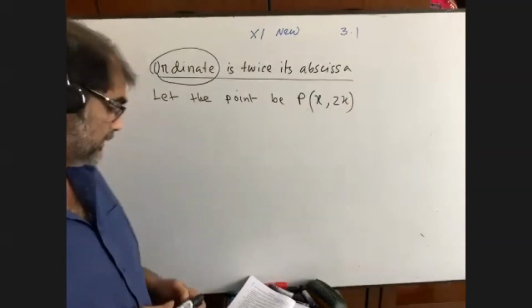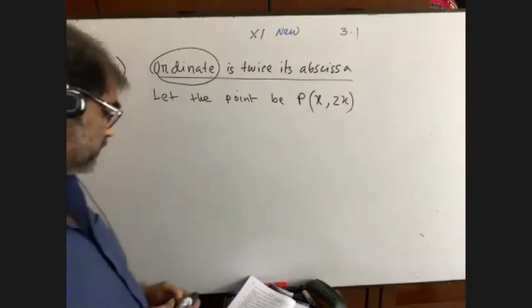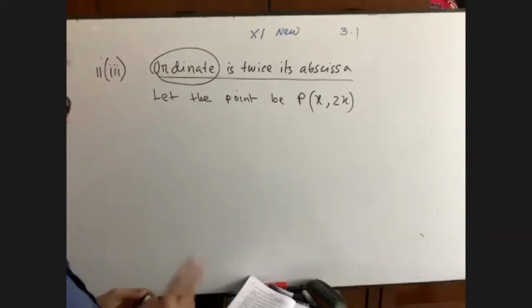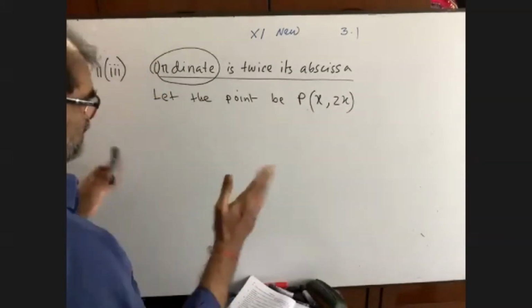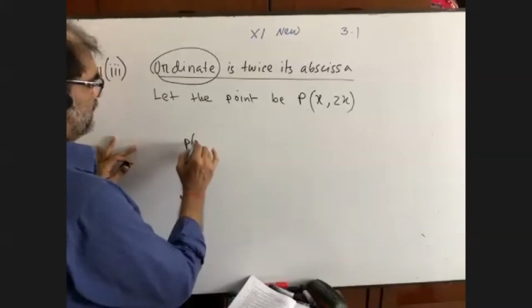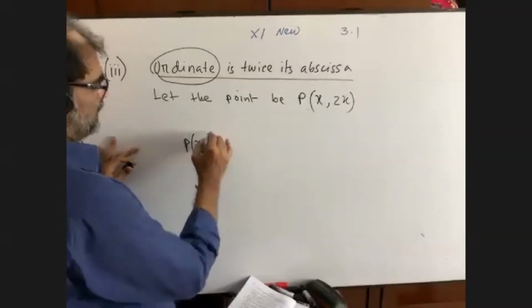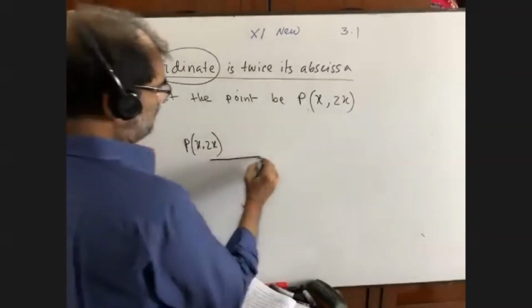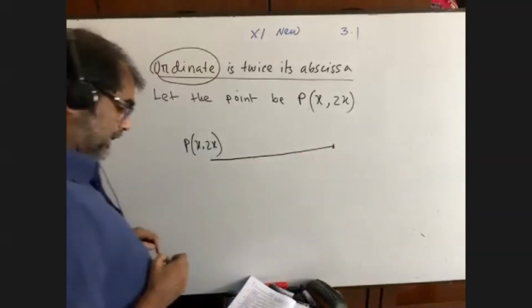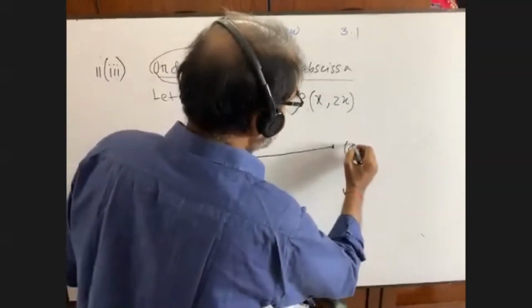Now it is again told in the question, the distance of that point from 4, 3. Now you see, what else is given? Suppose it is the point P, x, 2x, and another point is given in the book, 4, 3.